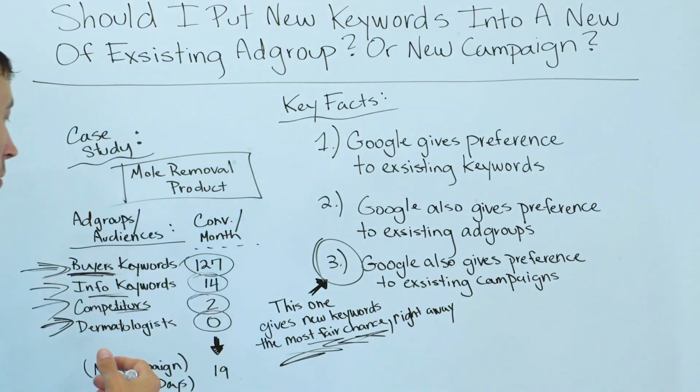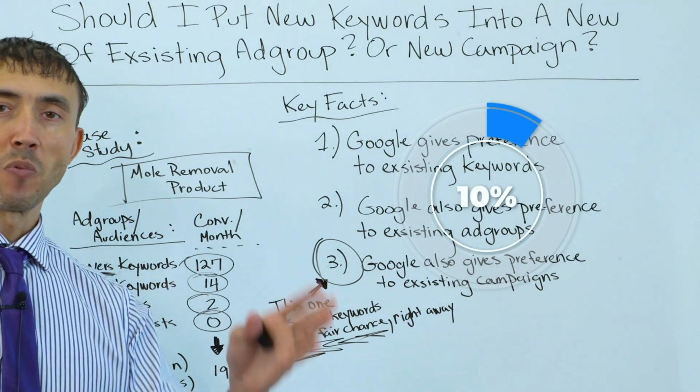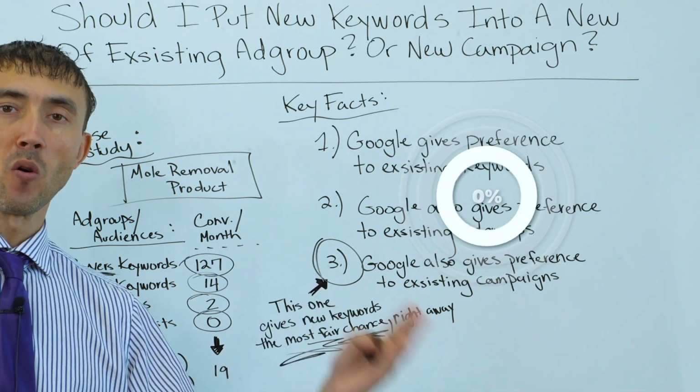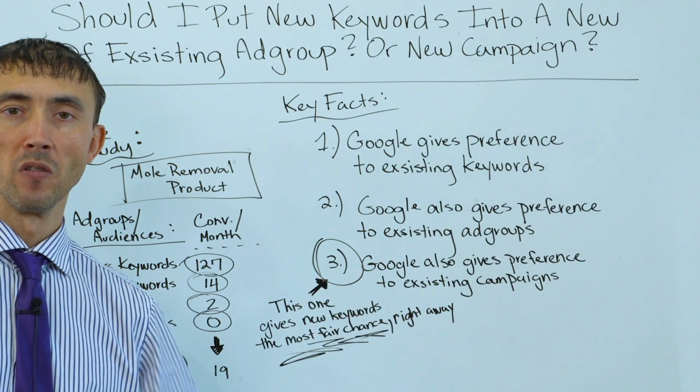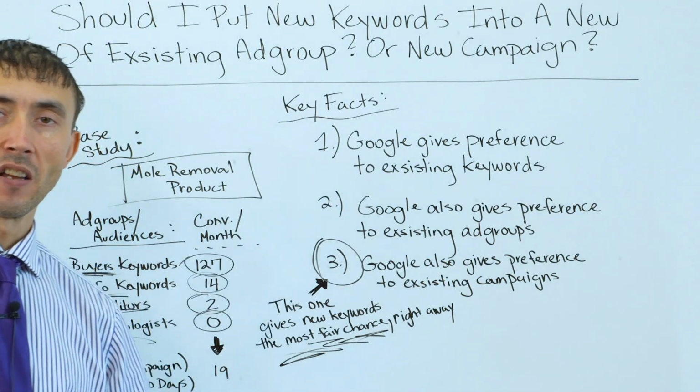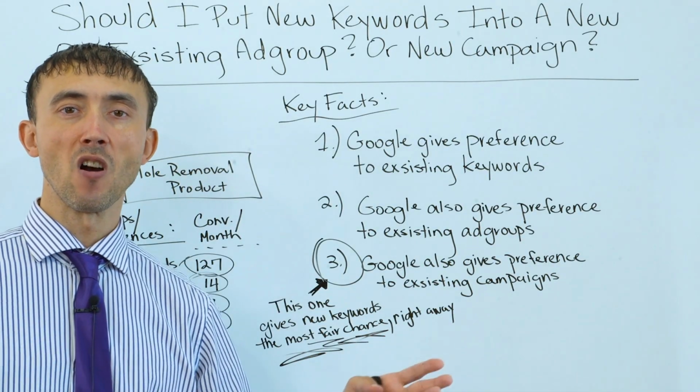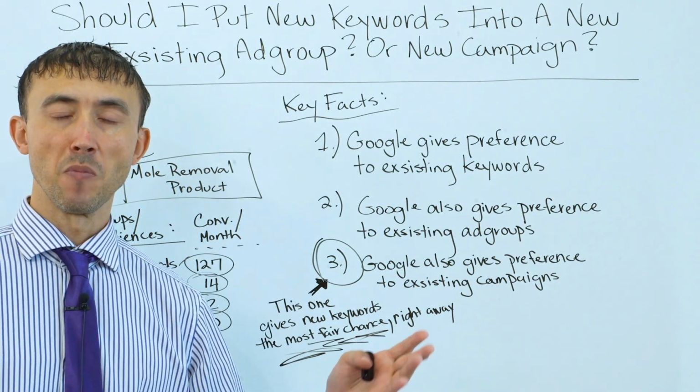Now, I knew for a fact there's no way these people that are looking for a dermatologist, given that 10% or around there of these people going to the dermatologist are going there for mole removal. All you need with display marketing is at least 1% of your audience to be ready buyers to make money.